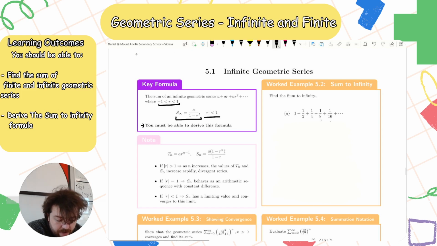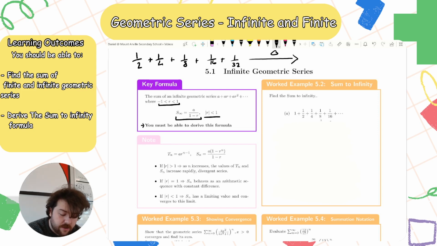So for example, right up here, a half plus a quarter plus an eighth plus a 16th plus 1 over 32. As we can see here, the values of my terms are heading towards 0. That is because I'm multiplying by a half every time. So if I kept this going for an infinite amount of time, eventually I'm adding like 0. If the common ratio is greater than 1, my sequence will diverge.